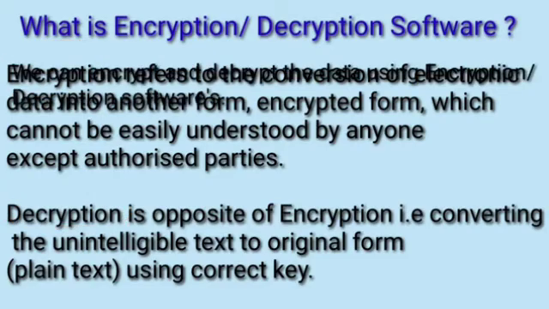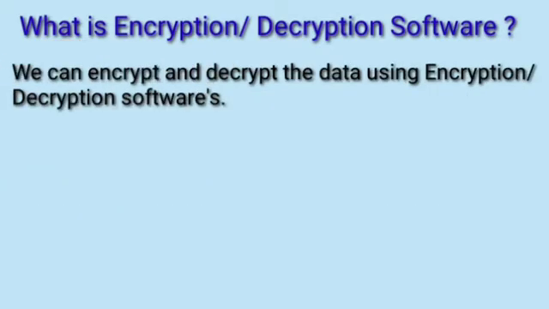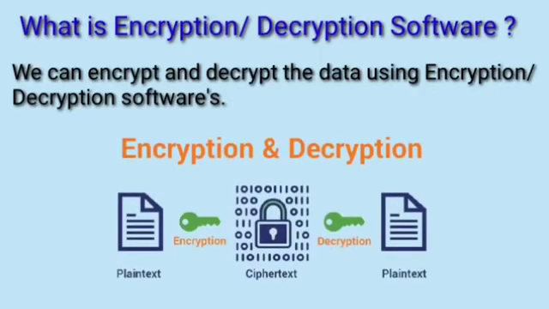And for that technique, we have different kinds of software. Those are categorized under encryption and decryption software. Encryption refers to the conversion of electronic data into a different format which is not easily understandable by unauthorized parties. And decryption is the technique just opposite of encryption, decrypting the unintelligible format again to readable text.